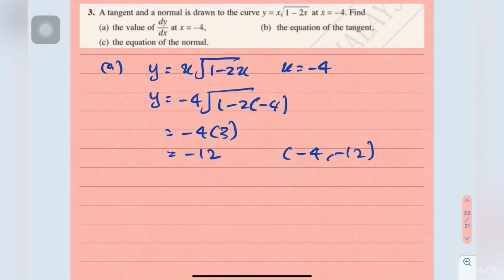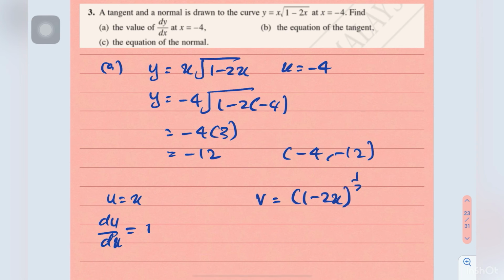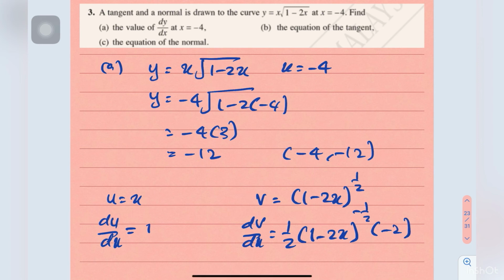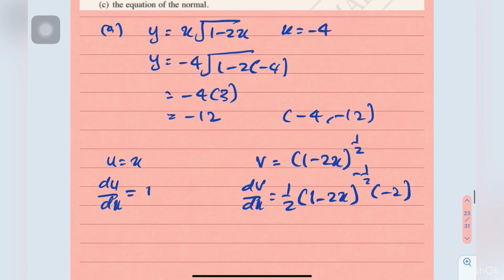So u is x, du dx is 1. v is (1 minus 2x) power of 1 over 2. dv dx is 1 over 2, (1 minus 2x) power of negative 1 over 2, times negative 2. Differentiate another time the function in the bracket. So we simplify, we get negative 1 over square root 1 minus 2x.